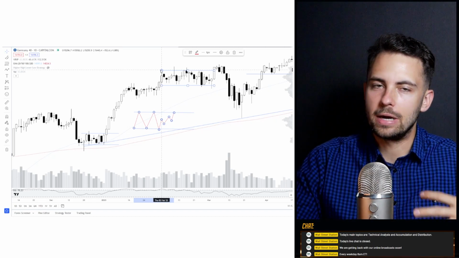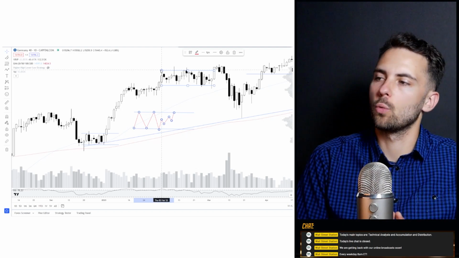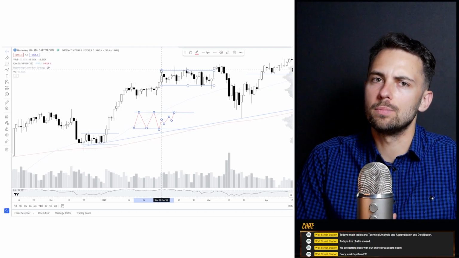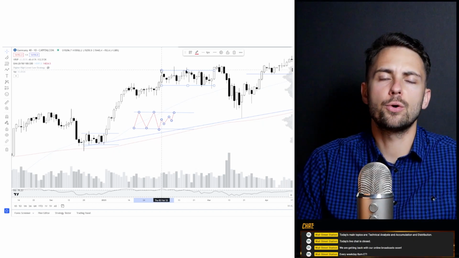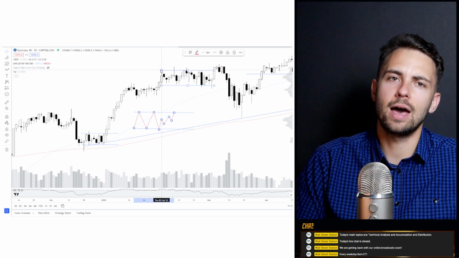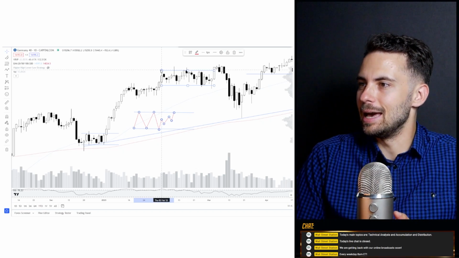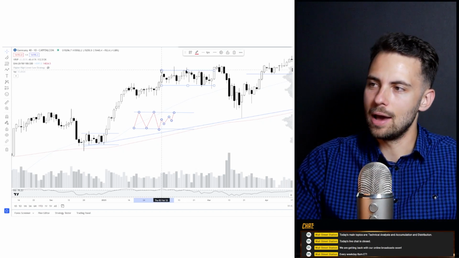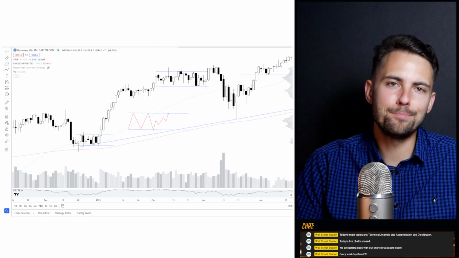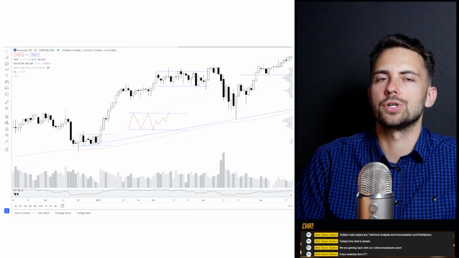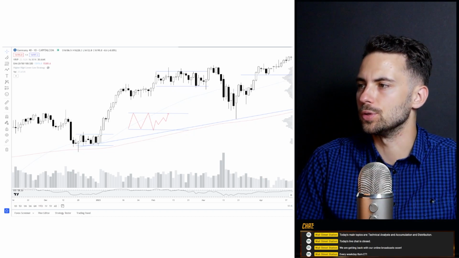So if resistances and supports work, the trading will be much easier. But the market is a zero-sum game, so not everyone can really take money off the table. You need to be flexible. Smart money may manipulate price to clear out liquidity and trap retail traders.